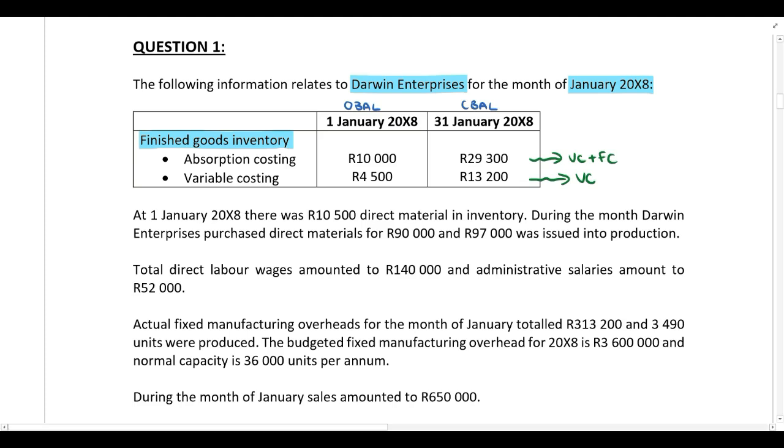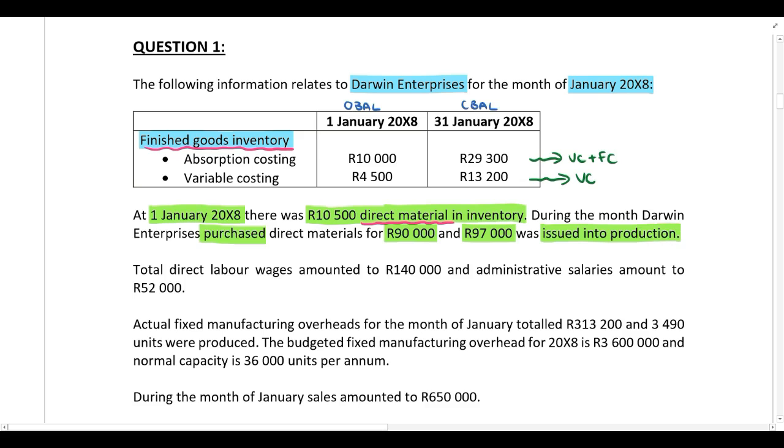We are then told at the 1st of January 20X8, there was 10,500 Rand direct material in inventory. So in addition to our finished goods inventory, we also have direct material. During the month, Darwin Enterprises purchased direct materials for 90,000 Rand and 97,000 Rand was issued into production.